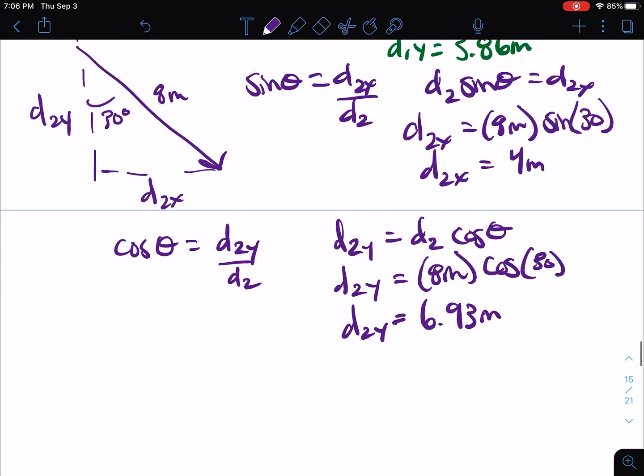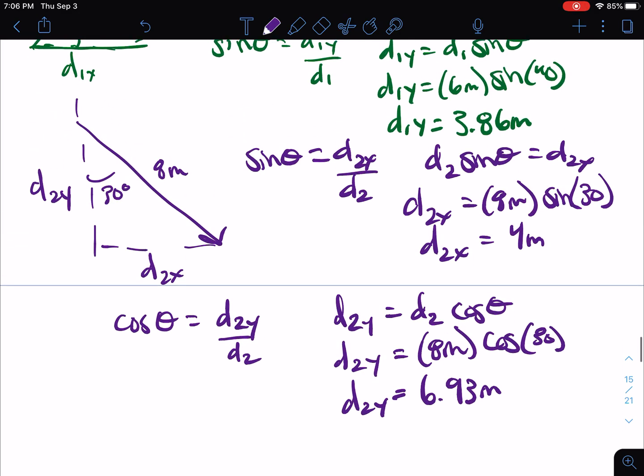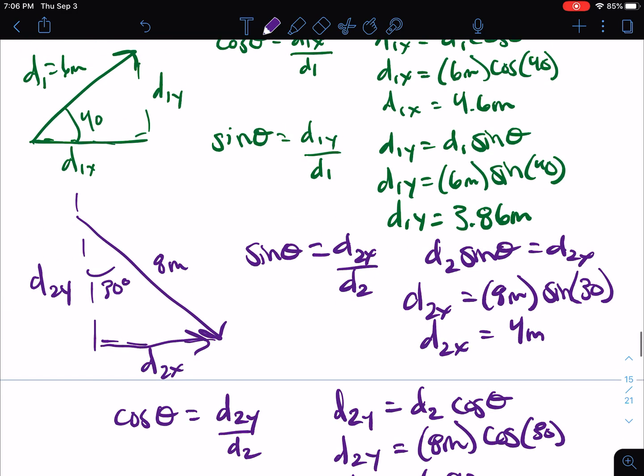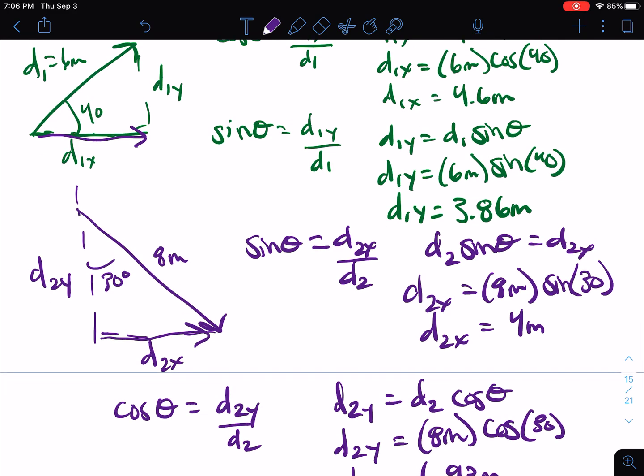And this is really important here that you notice which direction these vectors are in. So our D2x is in the positive direction, just like our D1x is. But look at this, our D2y is in the negative direction. It's pointed downward.